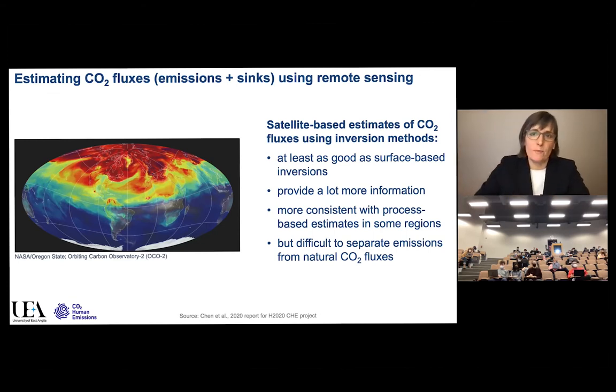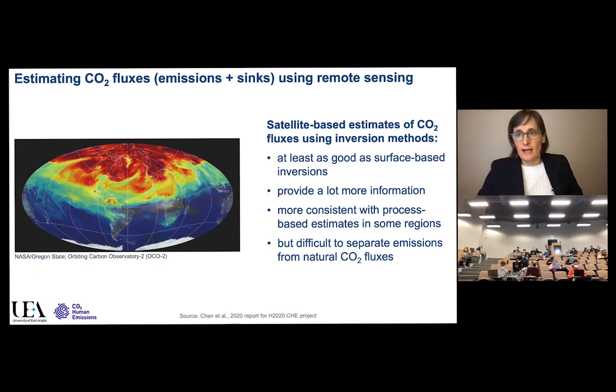So you need to have methods that inverse, what we call inverse, this information. And they're at the moment at least as good as surface-based inversion, but they provide a lot more information, and they're more consistent with our understanding of the fluxes in the terrestrial biosphere in some places.